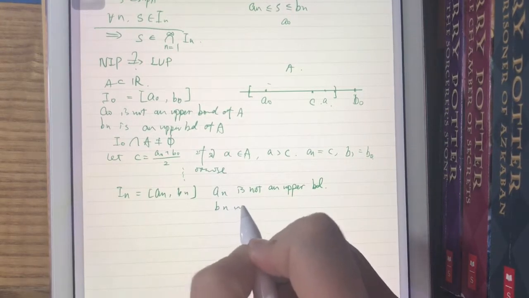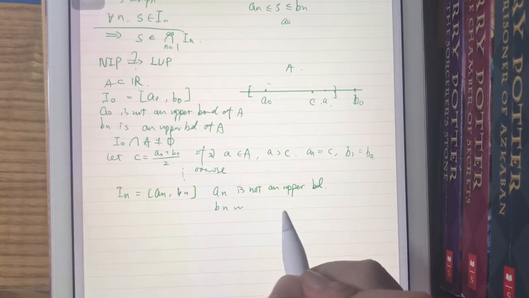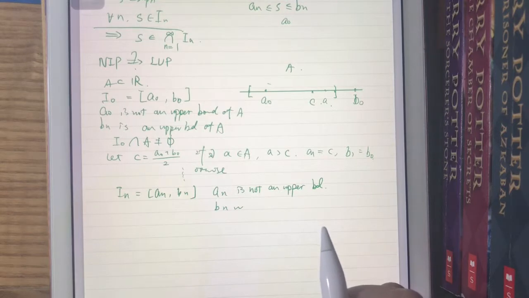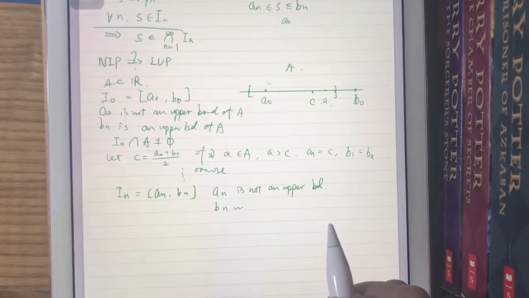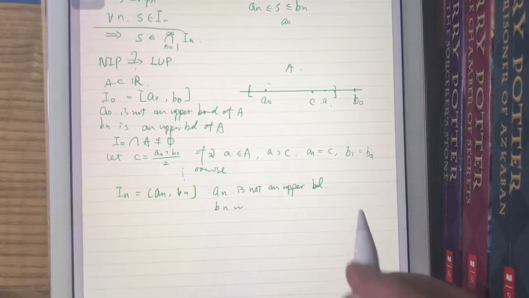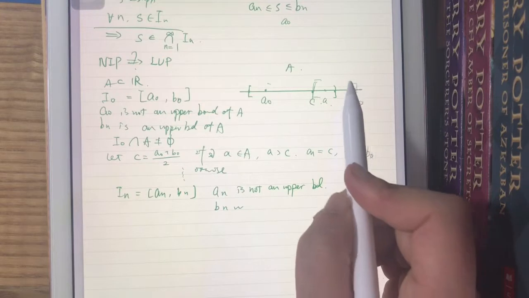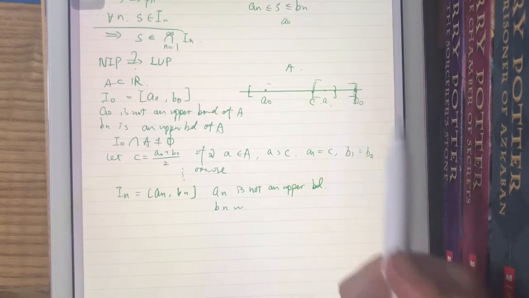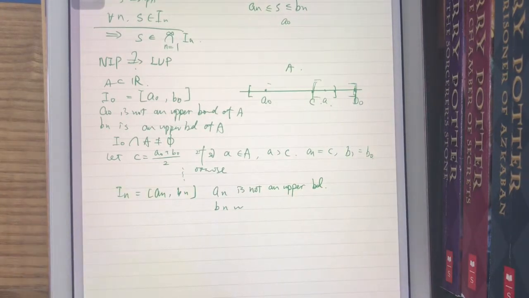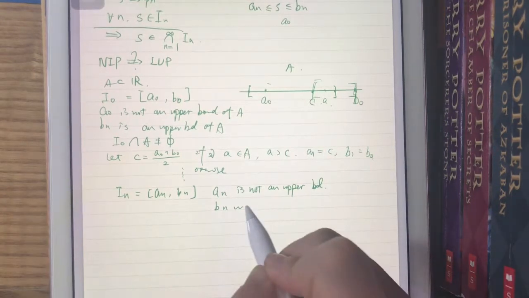And Bn will be the upper bound. I'm sorry, in the previous case, I1 can only be chosen in this part, because we want to guarantee that Bn will always be the upper bound of the set. Okay, so Bn is the upper bound.